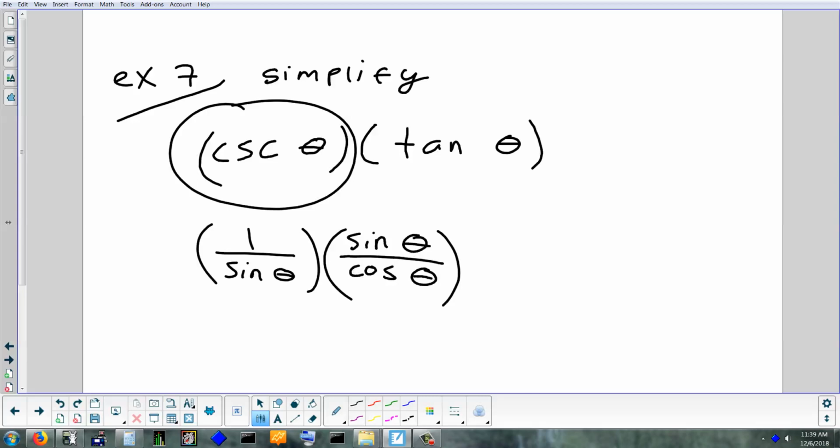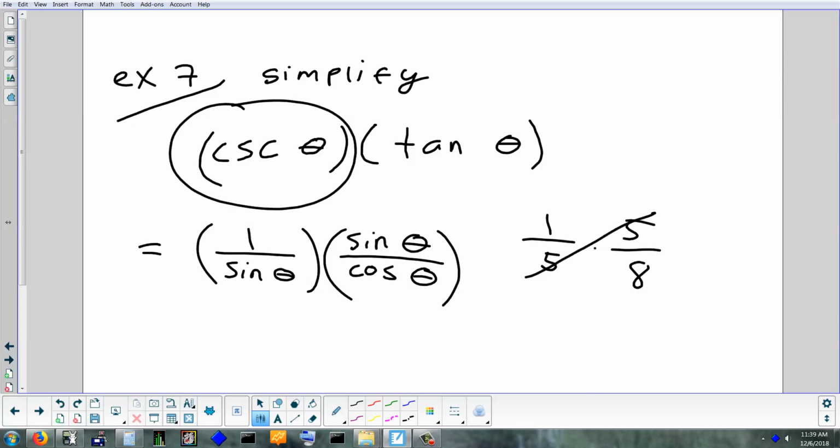Now, we're going to multiply those together, but when you multiply those together, it's kind of like this: 1 over 5 times 5 over 8. What would happen when you multiply two fractions together and you have the same thing in the top and the bottom? It cancels out. So the answer would just be 1/8 if you were doing it with numbers.